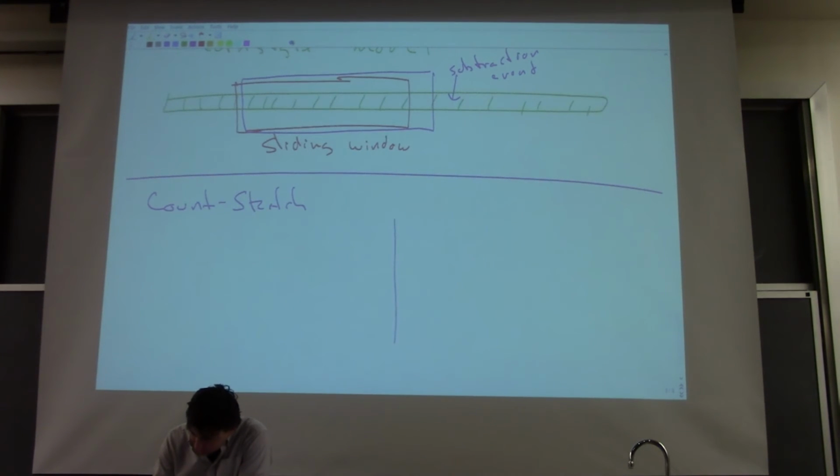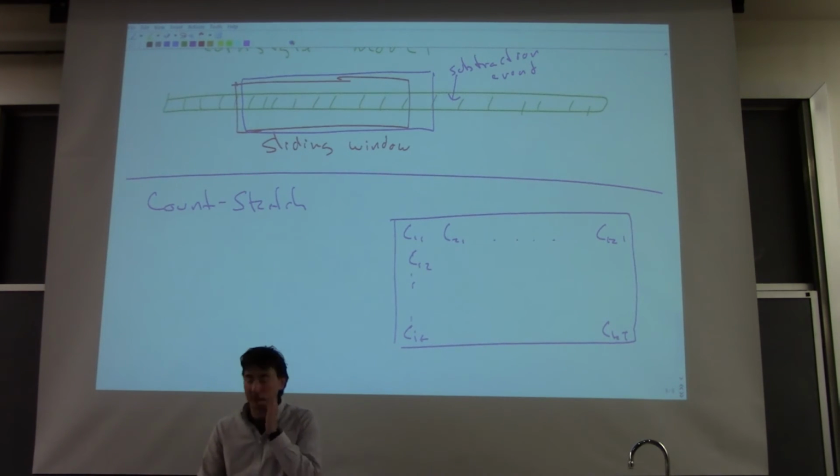So again, you have the same setup as you did before, C1,1, C2,1, up to CK1, C1,2, up to C1T, up to CKT. So you have all these counters.